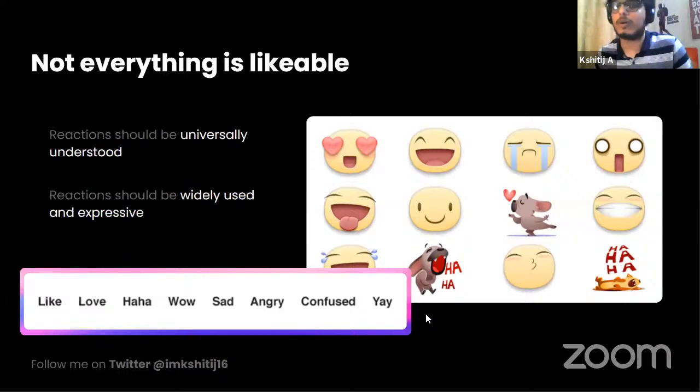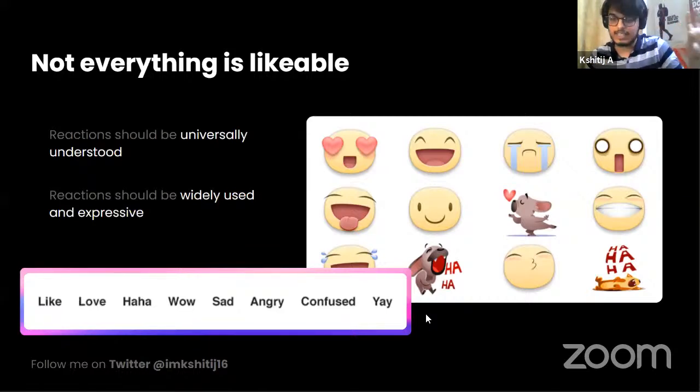But there were two important things that needed to be kept in mind. The reaction needed to be universally understood. For someone in Japan or in India or in the US, the reactions could be different. Like, wow, maybe the face looks the same or something similar, but depending on the context, it could mean something different. That's why it's very important to realize that these reactions needed to be universally understood.